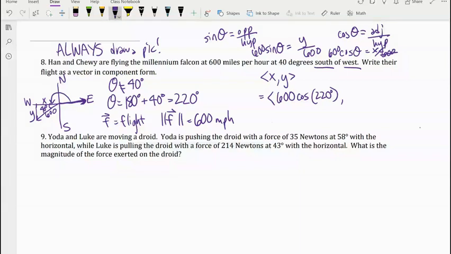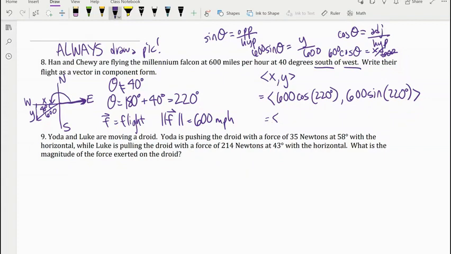And then my y value is 600 sine of 220 degrees. And then all I have to do is plug that into my calculator, and I'm just going to make sure that these values work. Remember that your x and your y should end up with negative numbers. So we're going to make sure that we actually do get negative numbers out of this.